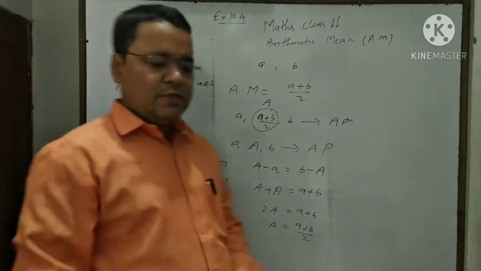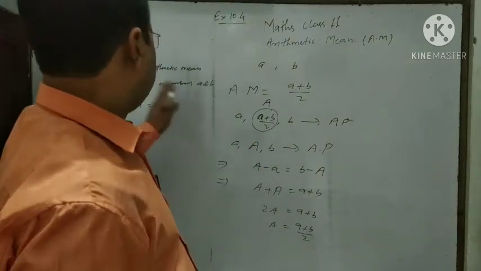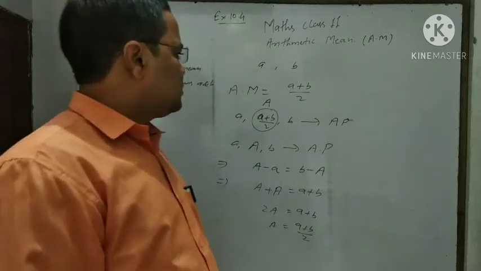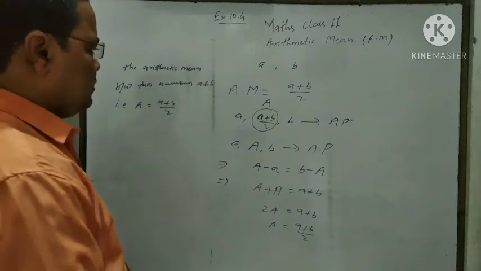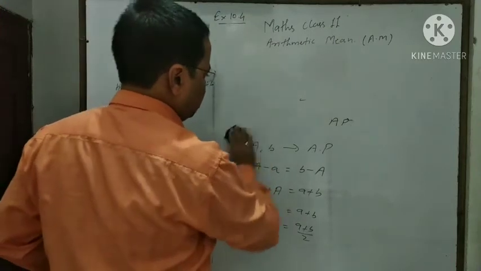It is very easy to prove how we can find the arithmetic mean between these two numbers a and b. This is only one arithmetic mean, but we can find more than one arithmetic mean between these two numbers, and here I am going to explain how.